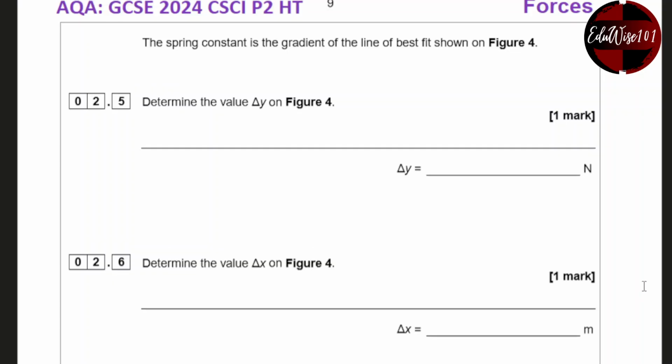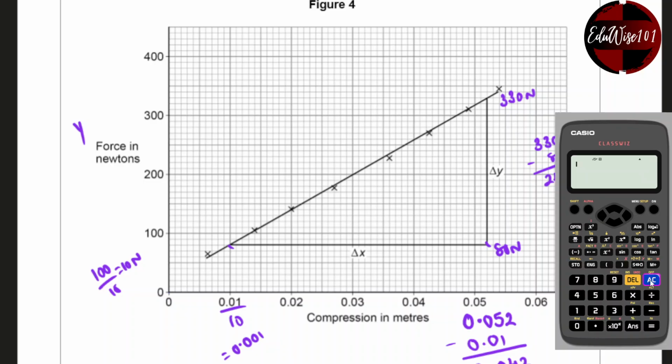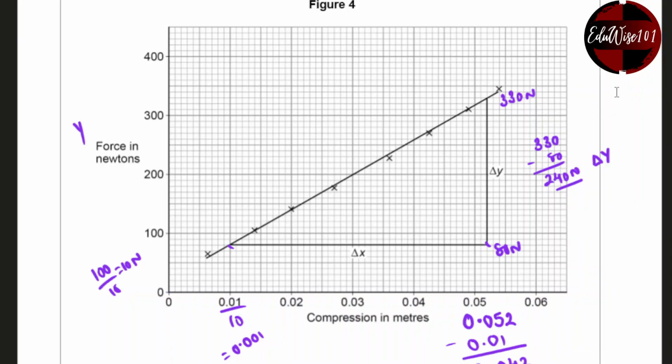Did I make a mistake? Let me double check the first value. 330 minus 80. That's 250. There was a mistake. Okay. Right, so that's not 240.